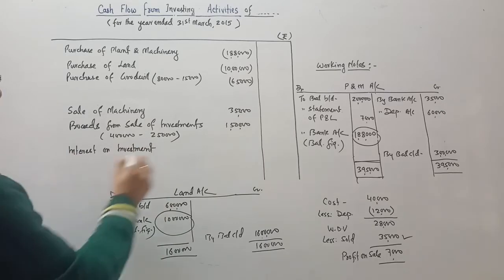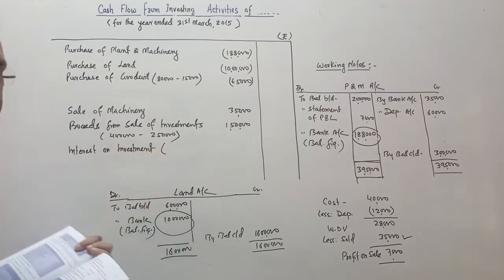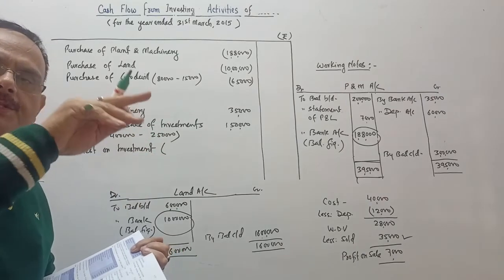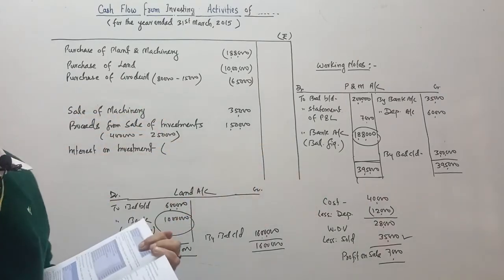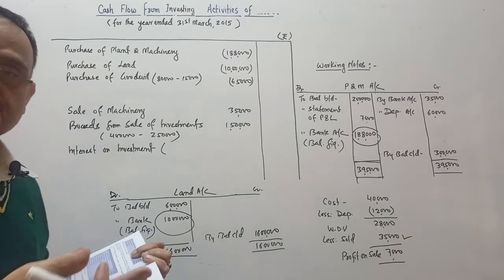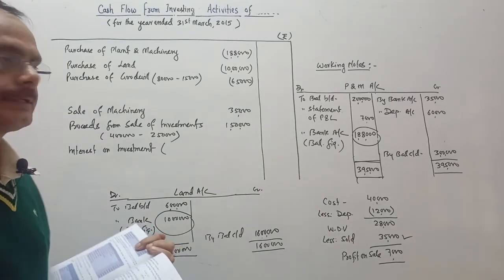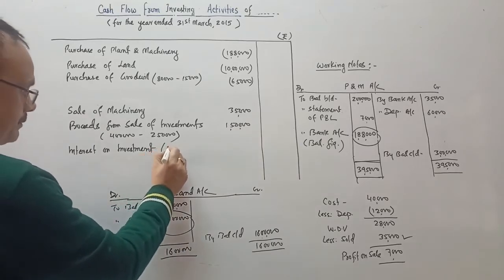If we consider that the investment is sold at the last day of the current financial year, meaning on 31st March 2015, then we will get the interest on 4 lakhs.